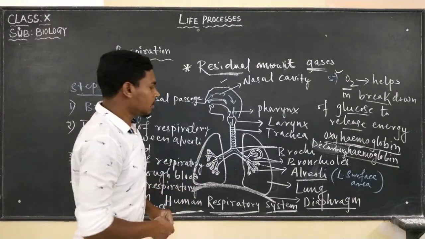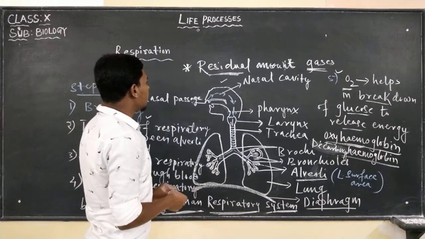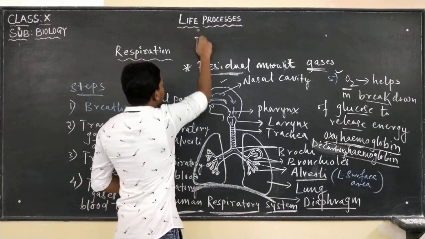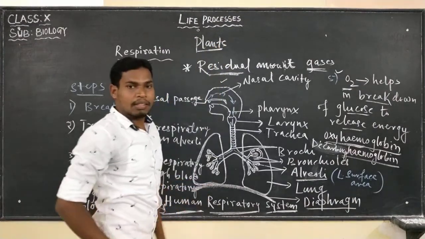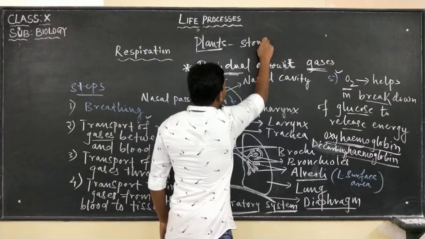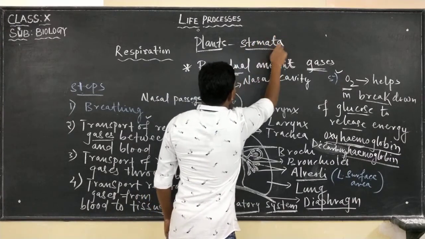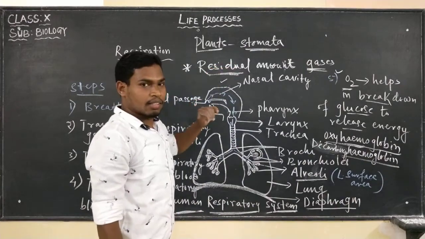Now if we see the respiration in plants, plants will have what? Plants have stomata on the leaves. Through these stomata they can exchange gases.